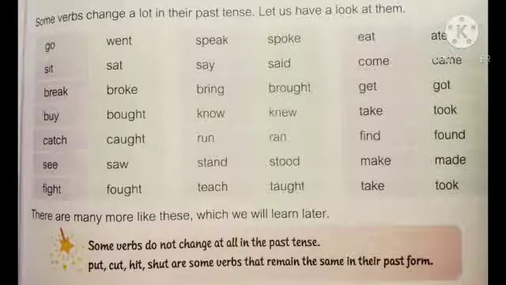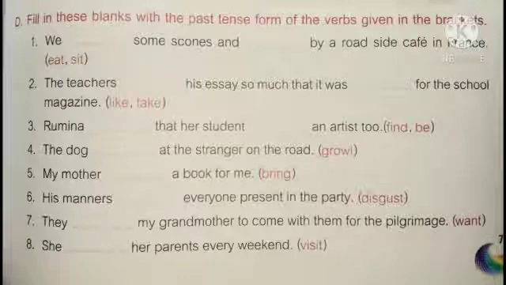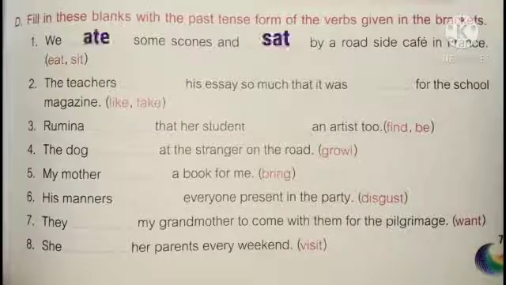Okay. Now let us move on to D main. Fill in these blanks with the past tense form of the verbs given in the bracket. We dash some scones and dash by a roadside cafe in France. We ate some scones and sat by a roadside cafe in France.